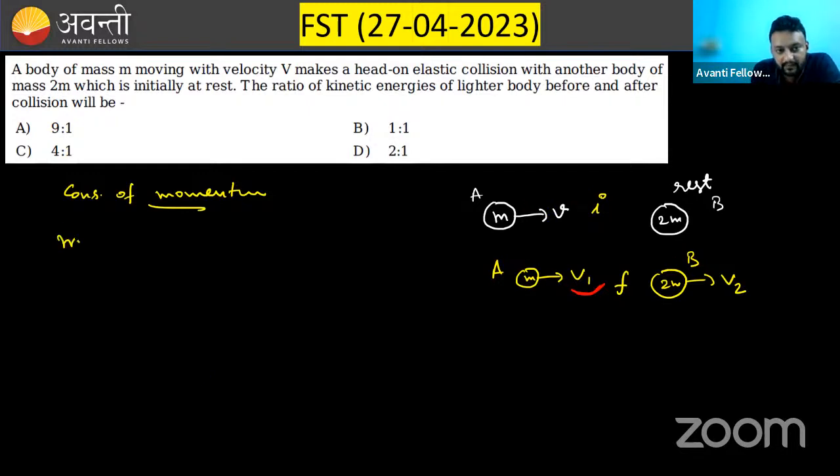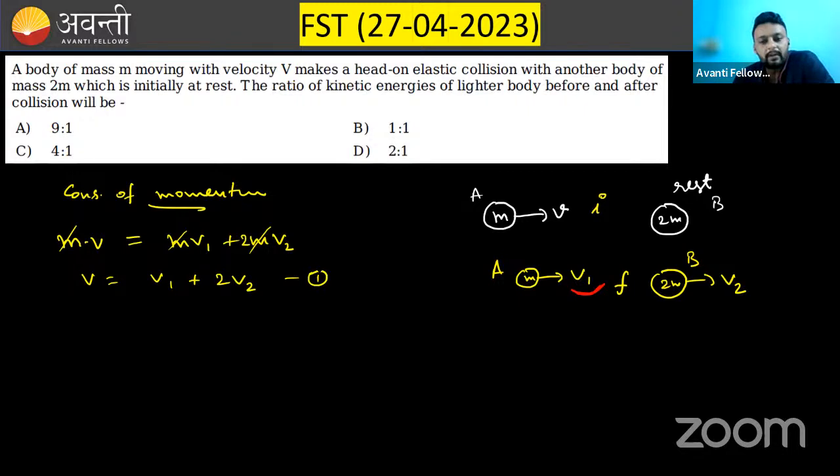So initial momentum is M into V. Finally, there are also two bodies, but both are moving. So momentum of first body is mv1 and momentum of second body is 2mv2. Mass is 2m, na? M can be cancelled. So V is equals to V1 plus 2V2. Let's suppose this is equation number 1.